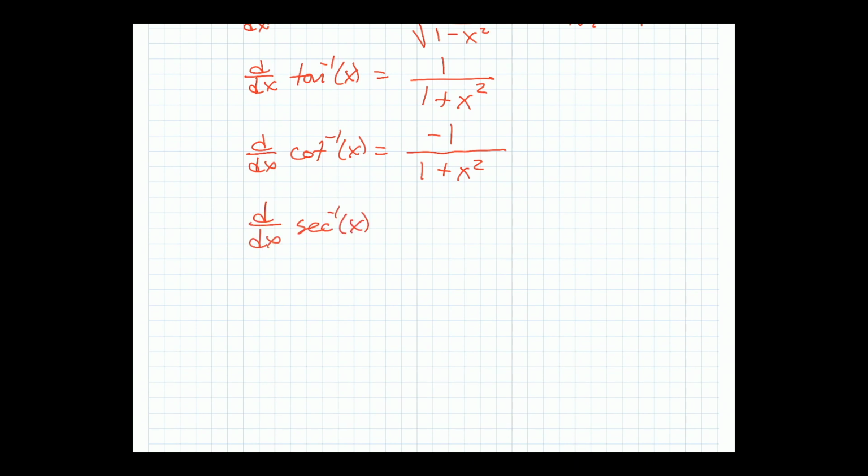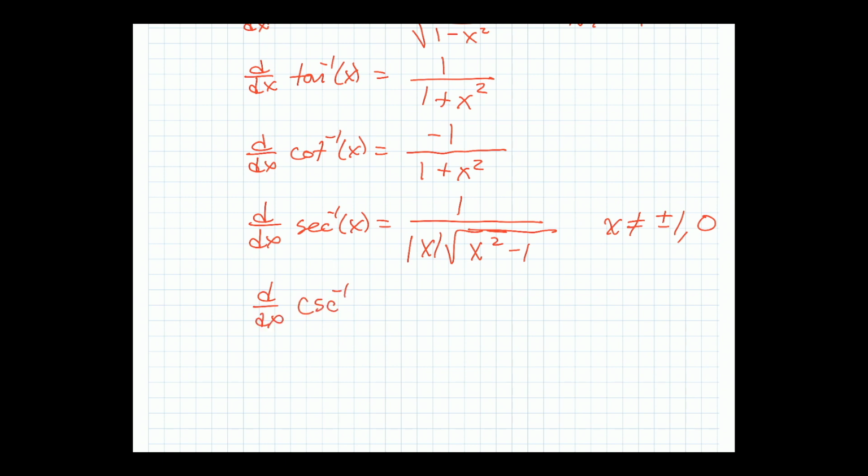Secant inverse: 1 over absolute value x times the square root of x squared minus 1, and x is not allowed to be 1 or 0 because you'll get a divide by 0. And the last one, cosecant inverse: negative 1 over absolute value x times the square root of x squared minus 1. Same rules.